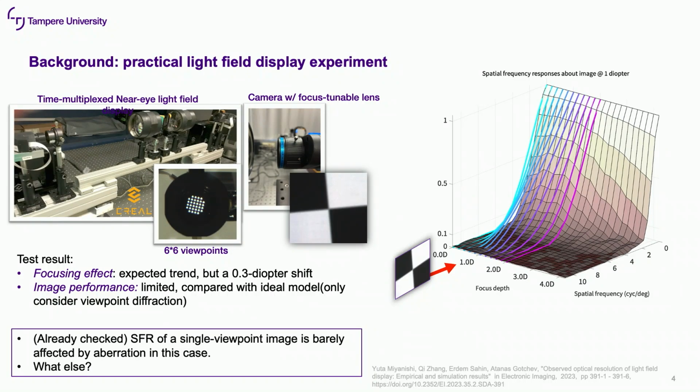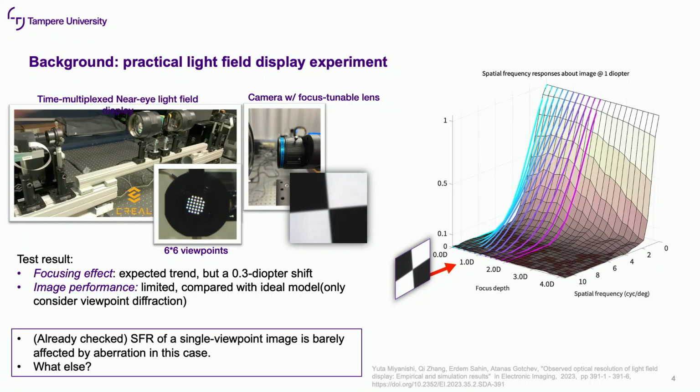Interestingly, our test results were almost in line with the expected focusing effect. However, we noted that the best SFR was achieved at a depth shifted from the actual depth of the rendered chart. Also, when we compared the overall SFR performance with the simulated ideal case, where optical aberrations are excluded and only the diffraction limit is considered, we found that our test result is quite constrained.